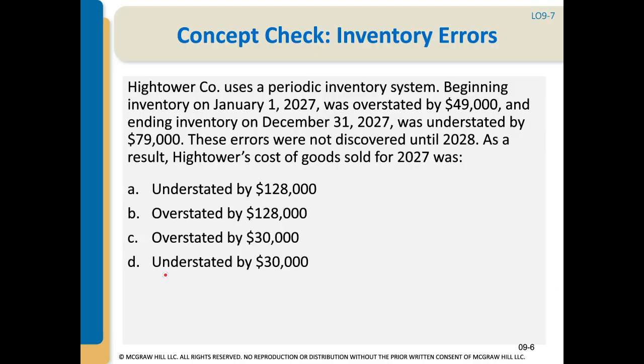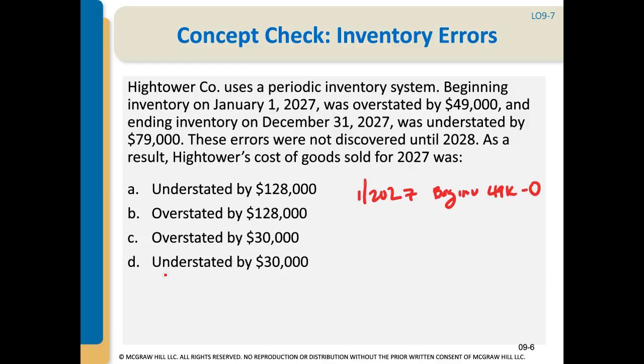Let's go through an example. Hightower Company uses a periodic inventory system. The beginning inventory on January 2027 was overstated by $49,000. Let's just take that. So at the beginning of January 2027, your beginning inventory was overstated by $49,000.